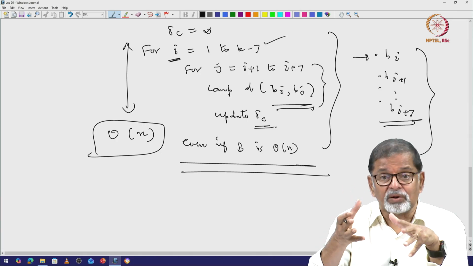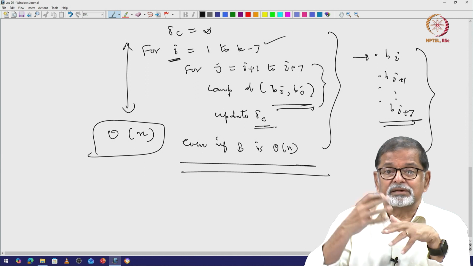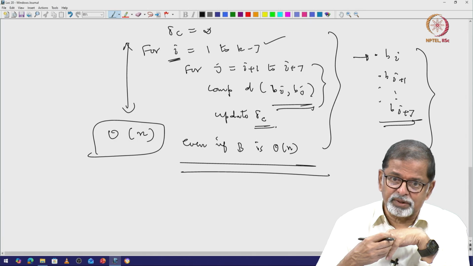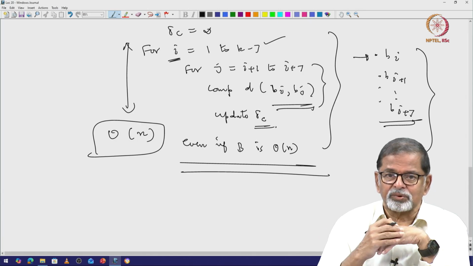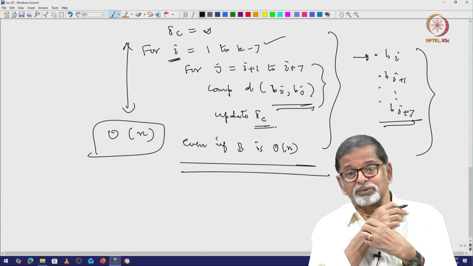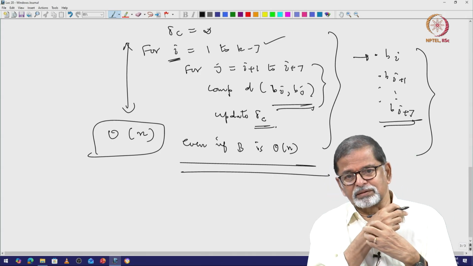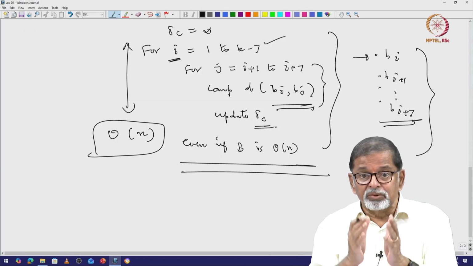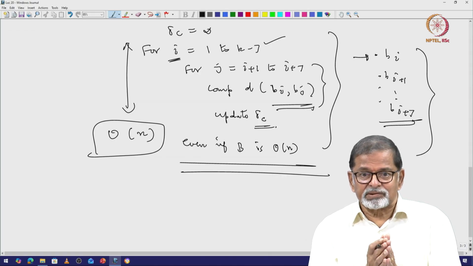So even if B is order n, delta c computation is order n. Therefore, we have now brought efficiency into the divide and conquer algorithm by looking into the way in which we can reduce the combining cost.